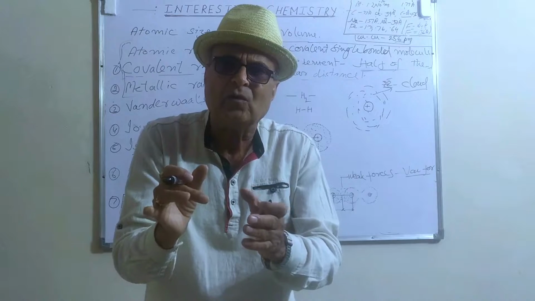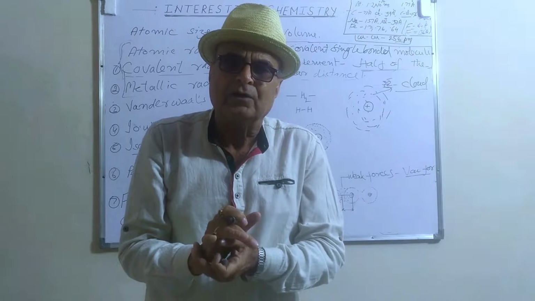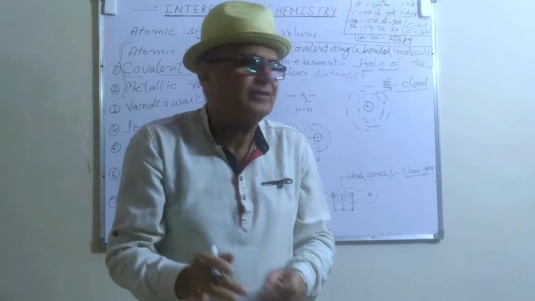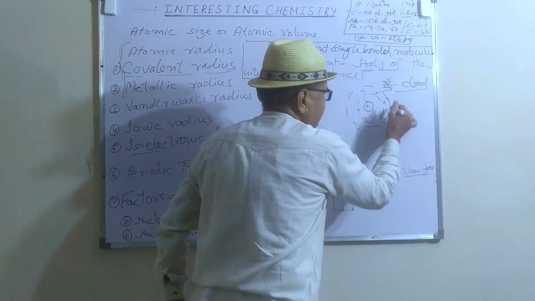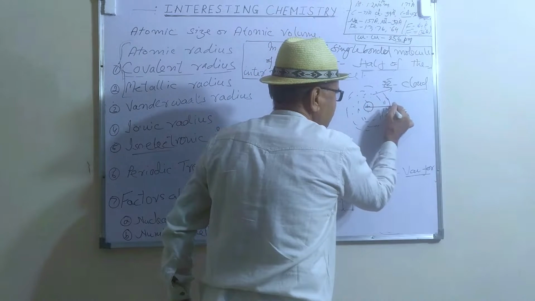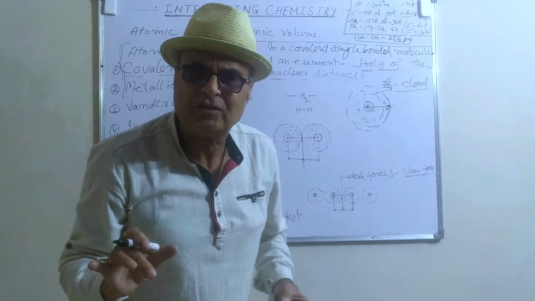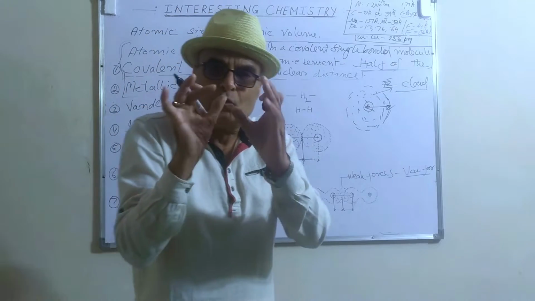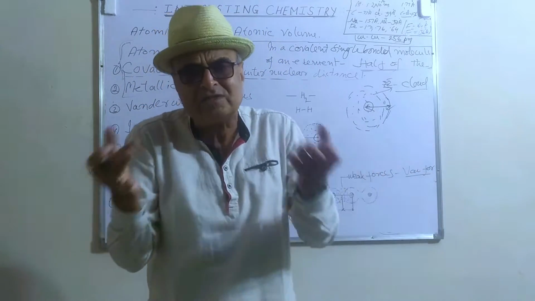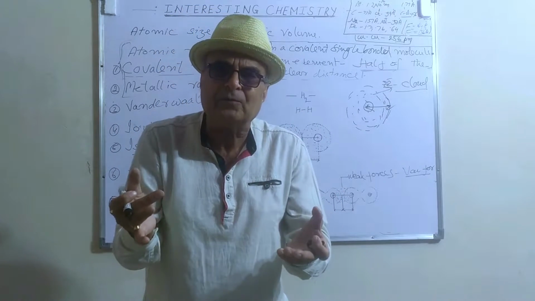The electron cloud doesn't have any sharp boundary. There is no marked boundary. That's why we can't measure this distance by any method. So due to the absence of this sharp boundary, we can't measure the radius of the atom.